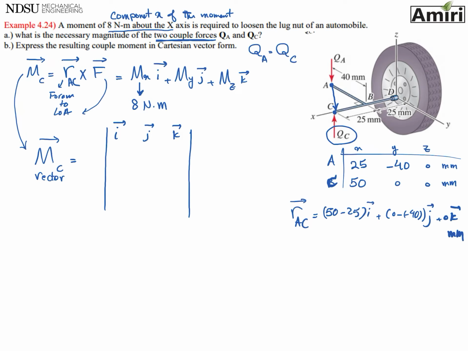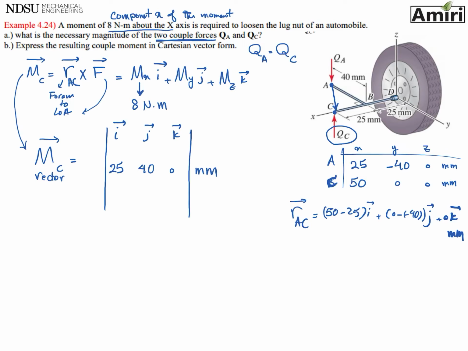I'm not going to change the units, but that really doesn't matter, as we'll see. So 25i plus 40j and 0k. Keep it as mm and see if that matters later.